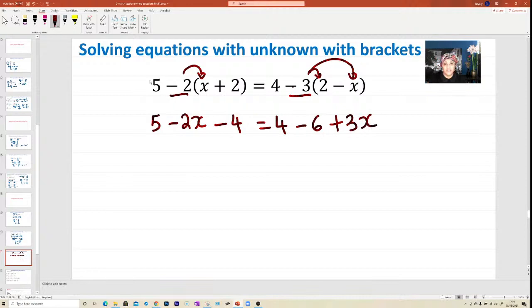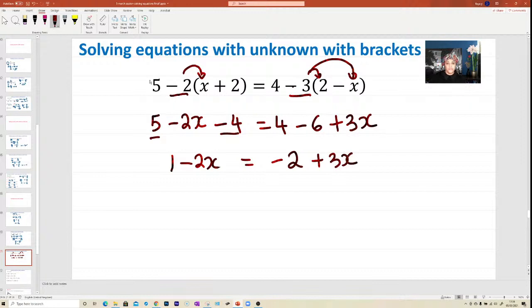Okay, now let's collect all the like terms. 5, -4, there are the like terms. So 5, -4 is 1. Take away 2x equals to 4, take away 6 is -2 plus 3x.